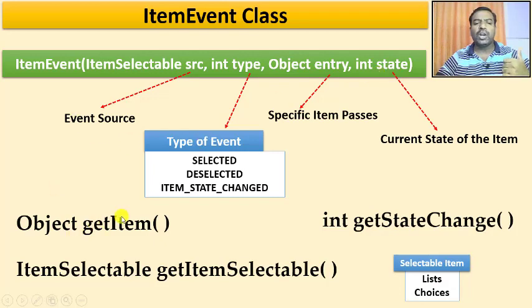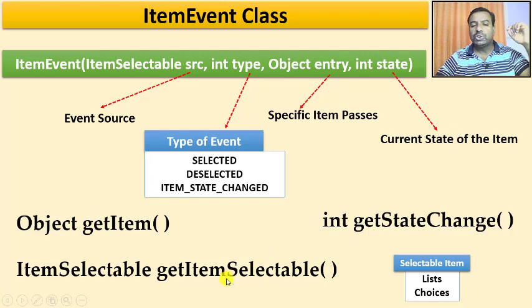And if I want to know what item has been selected, I'm going to use this method. And if I want to know whether the state has been changed and what element's state has been changed, I'm going to use this method. And I'm going to check whether the item is selectable or not, using this method, get item selectable.